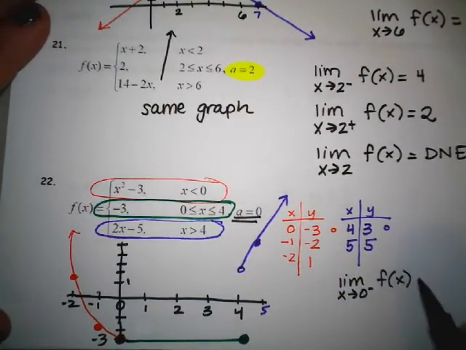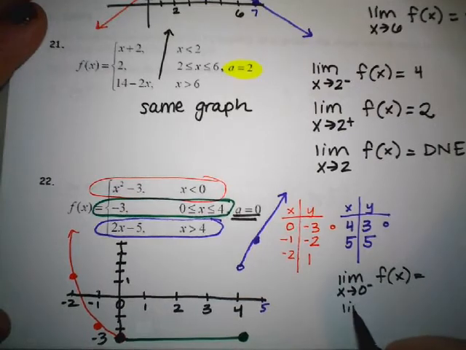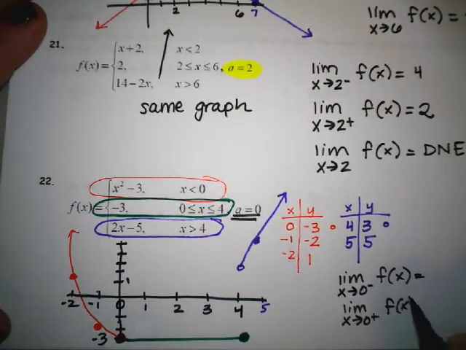Make sure when you're writing this out that you always use good notation, that you write down the limit as x approaches 0 with a little minus sign of f of x. You cannot forget this piece right here. Then I have to find the limit as x approaches 0 from the right of f of x and the limit as x approaches 0 of f of x.